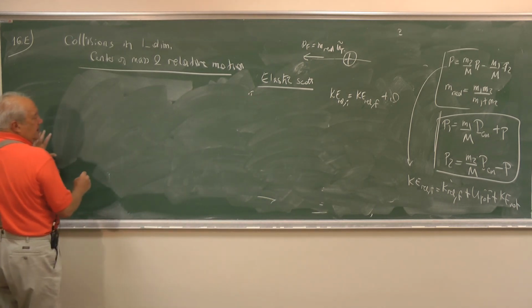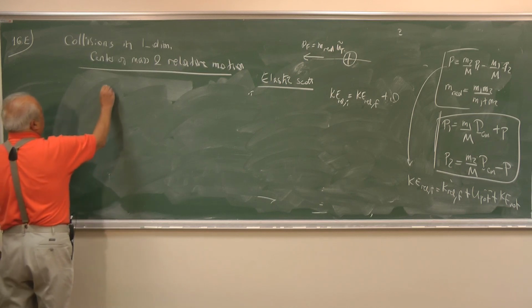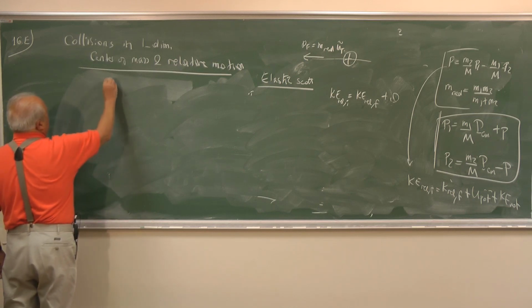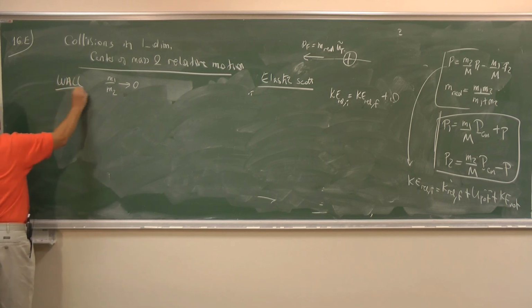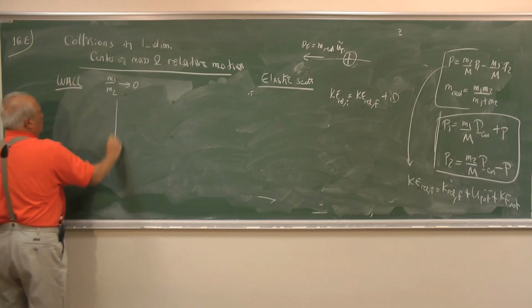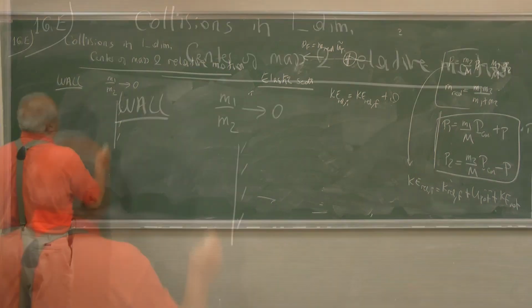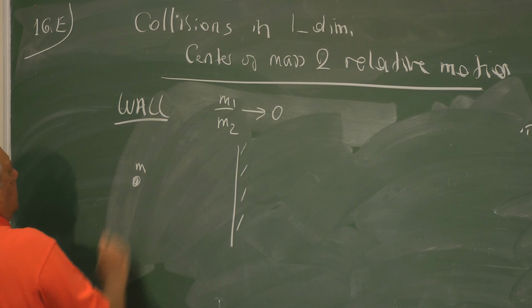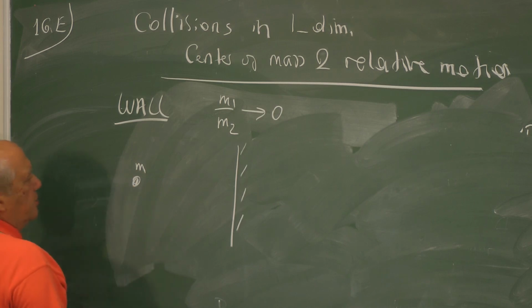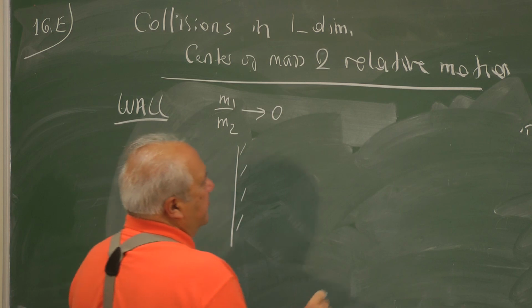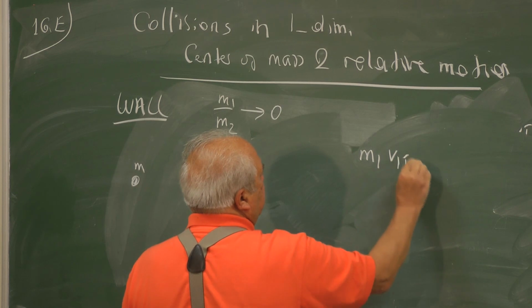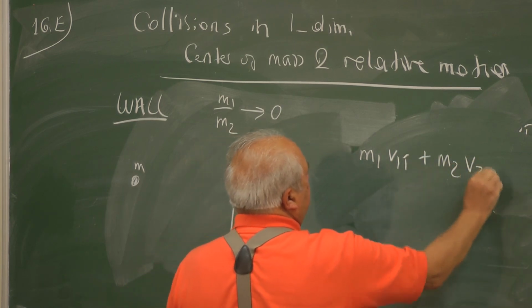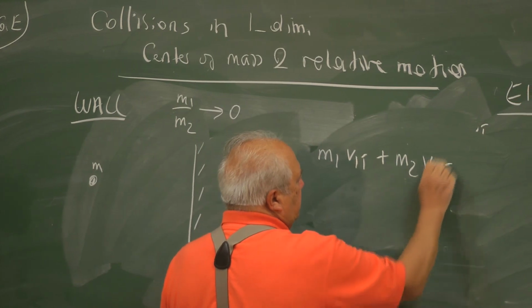One thing we may add here is if M2 is very large, so that M1 over M2 is going to 0. That's the wall problem. Wall. So here we have a wall whose mass is almost infinite. Here M is coming. So let's look at this problem. M1 V1 initial plus M2 V2 initial. This was at rest, so this is exactly 0.